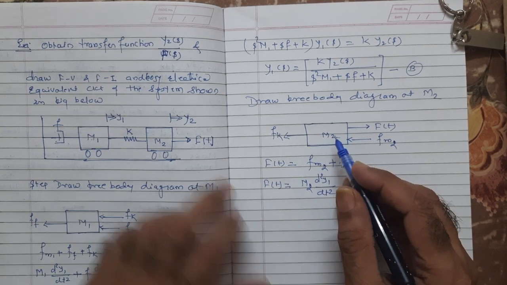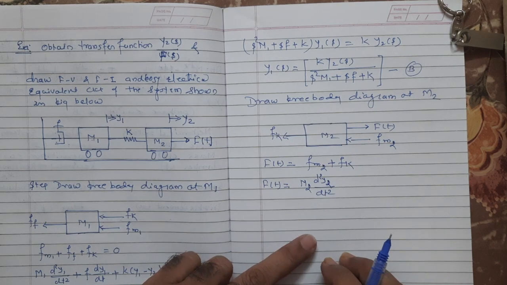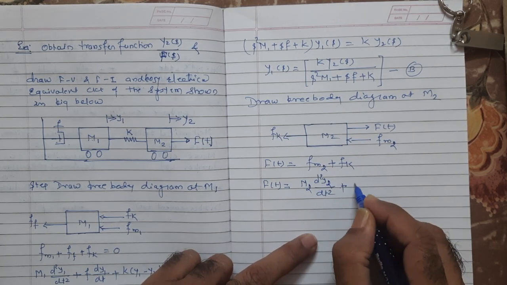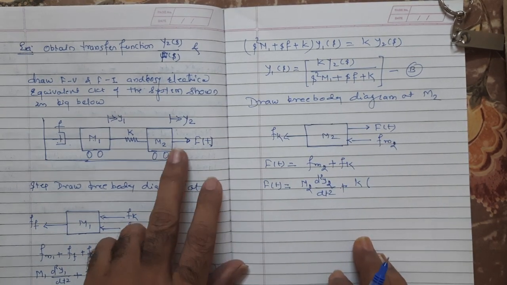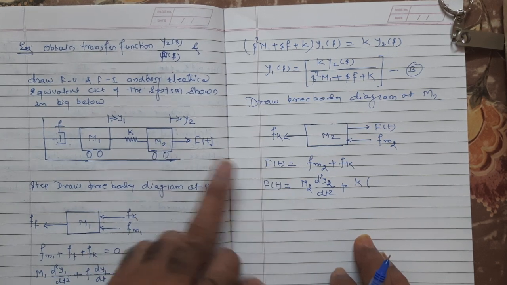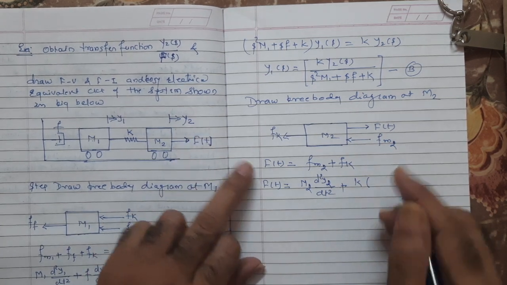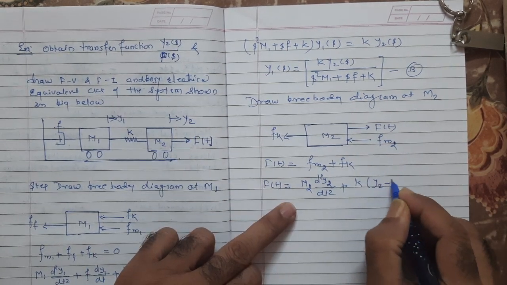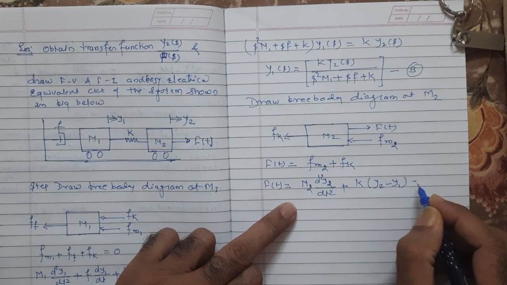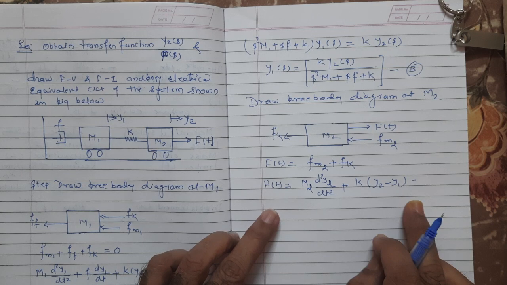This m2 is under the displacement of y2, so we have m2 d square y2 by dt square plus k multiplied by, now we are drawing the free body diagram at m2, so what is the displacement here? y2. So we write y2 minus y1. So this is our f of t.